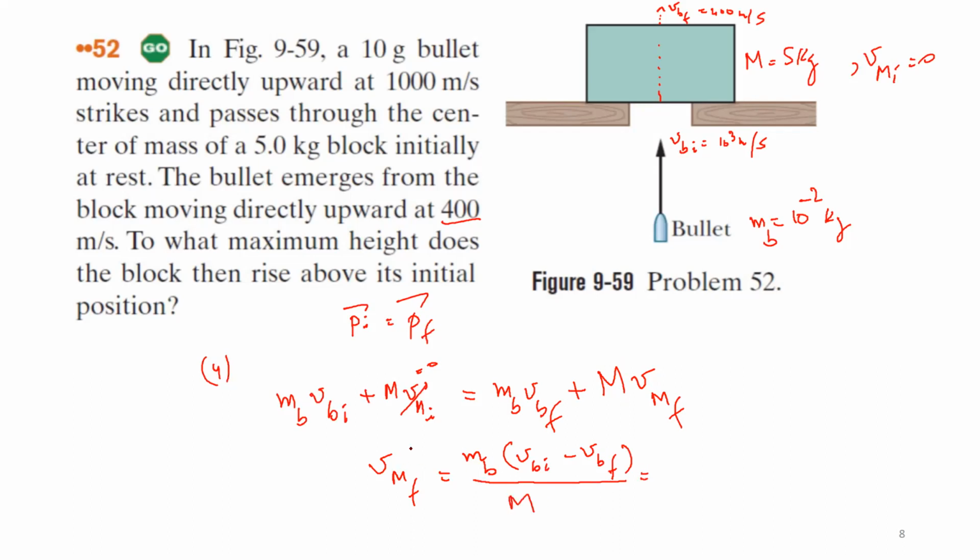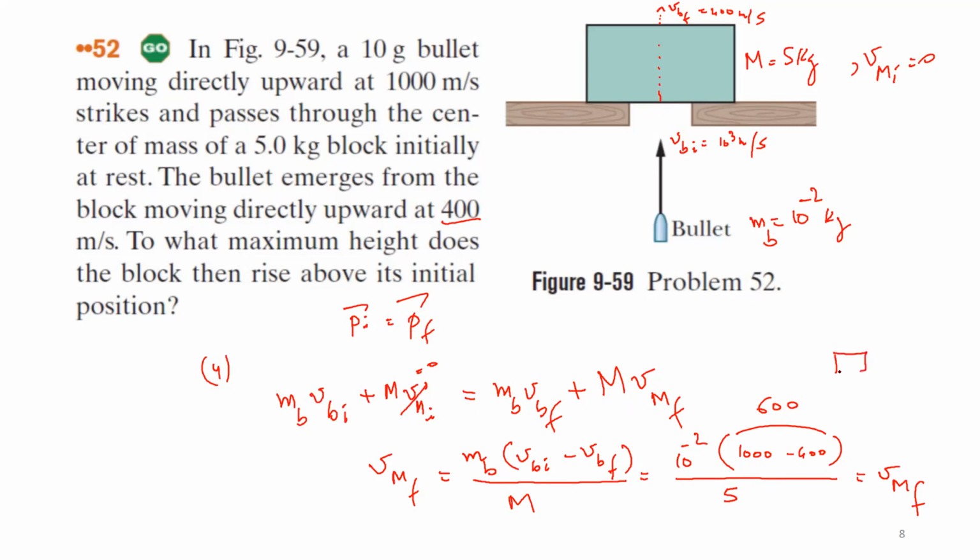I know the velocity of the bullet final, so it will be 10 to the power minus 2 multiplied by (1,000 minus 400). This will give you 600 divided by the total mass, which is 5. So this will give me the velocity of my block final, and that velocity of the block final is going up.